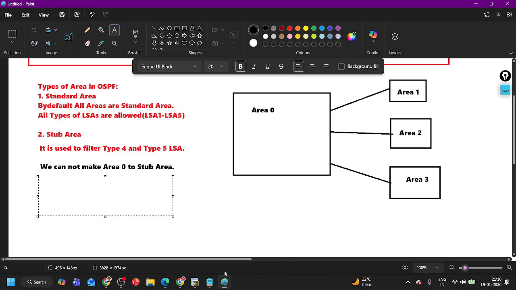That's why we are saying you cannot configure a stub area where a virtual link exists. Even area 0 will not allow you to configure a stub area.